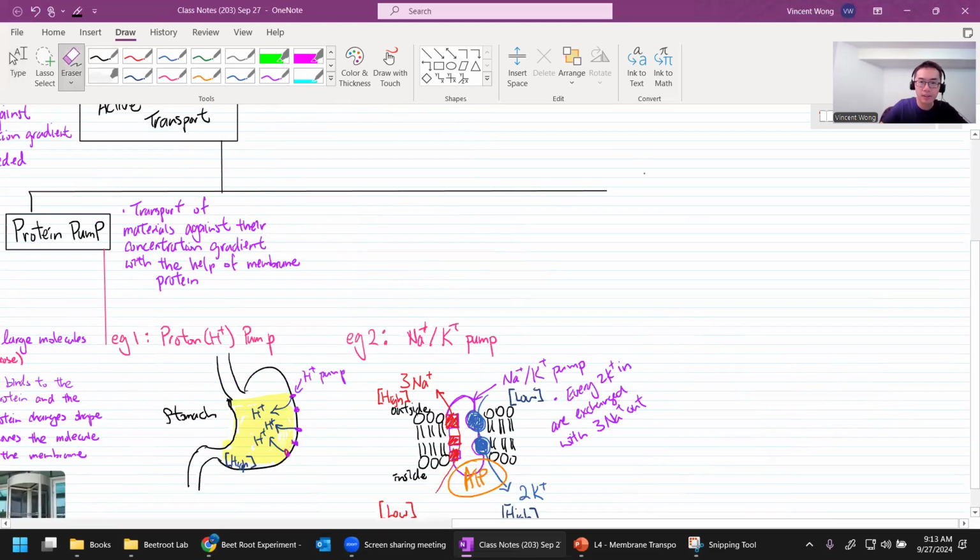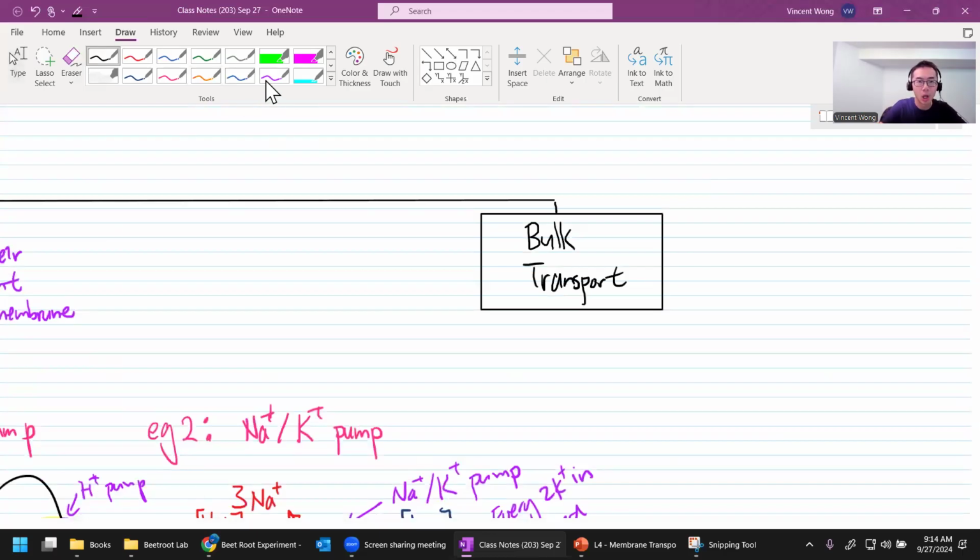Another kind of active transport is called bulk transport. Bulk means a lot.